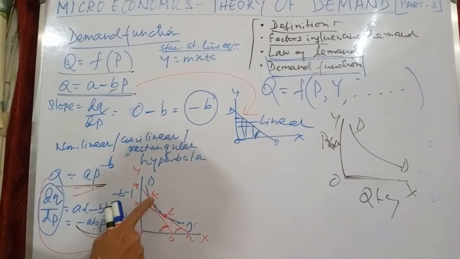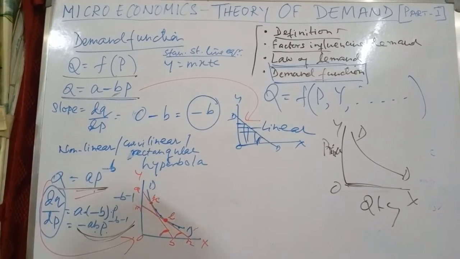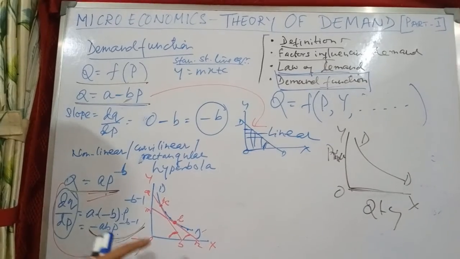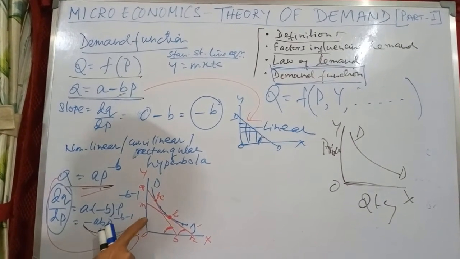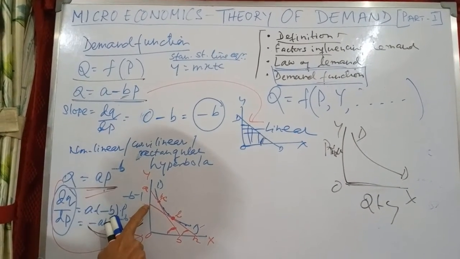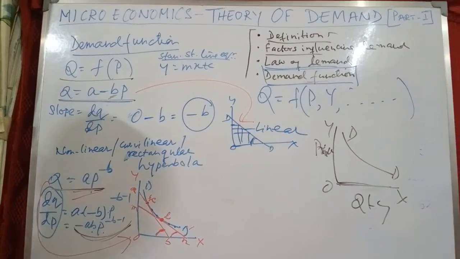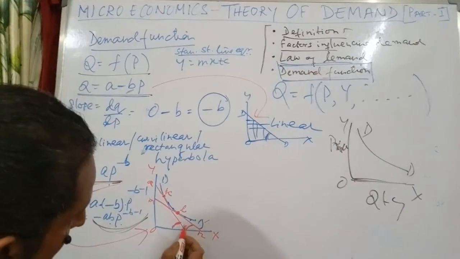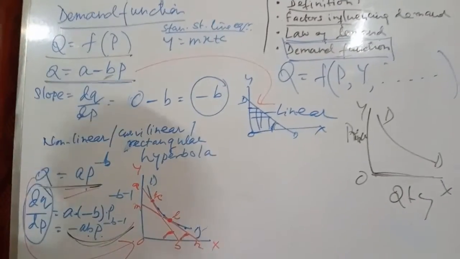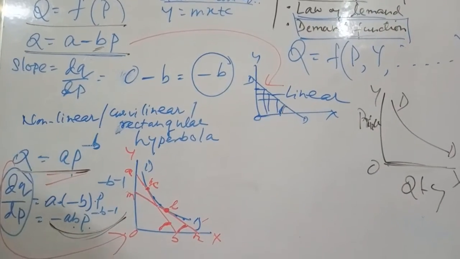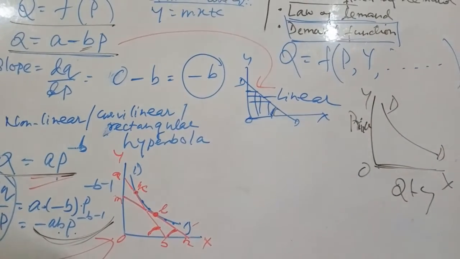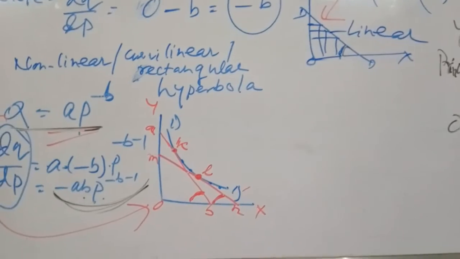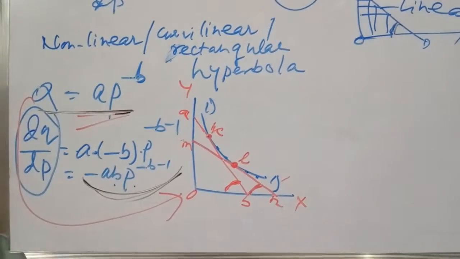MN is tangent to the demand curve at point L. So the slope of the demand curve at point L is the slope of the line MN. That is tan of this angle. Correct? So this is the demand function.